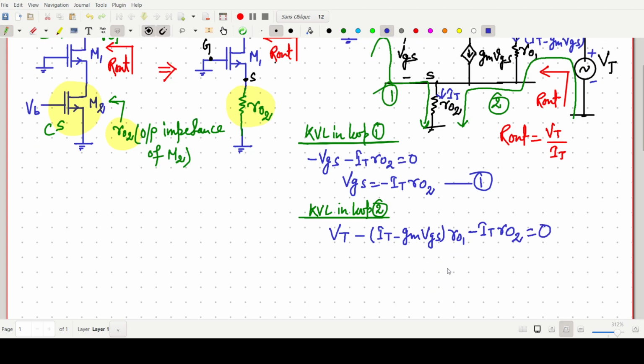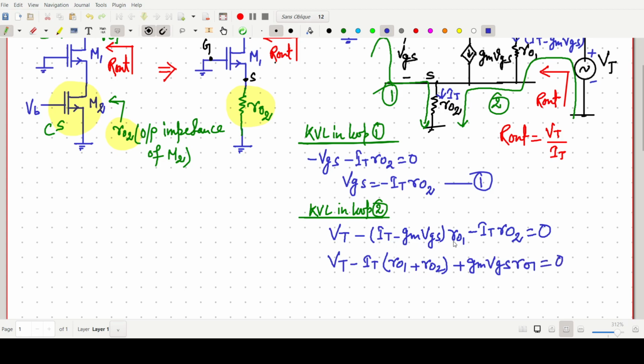Now what we can write: VT minus, if we take this IT common, r_o1 plus r_o2, plus gm VGS r_o1 equals 0.